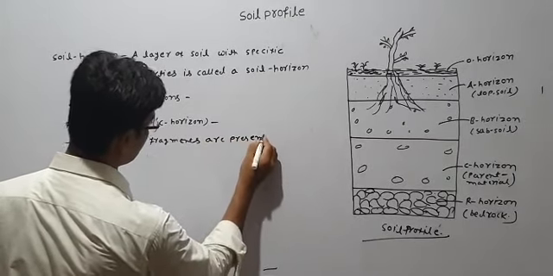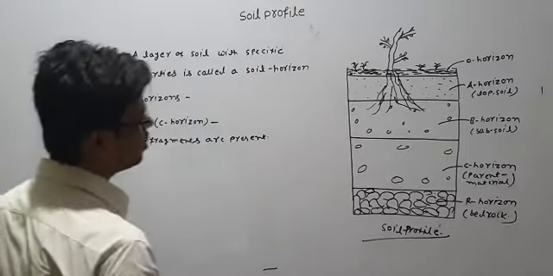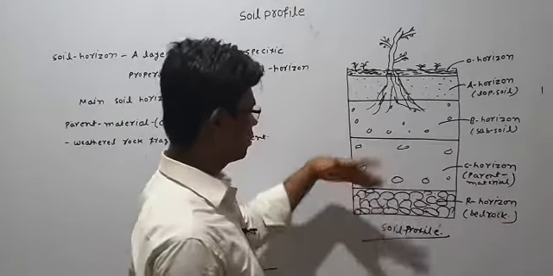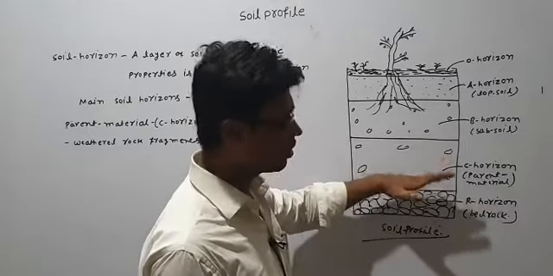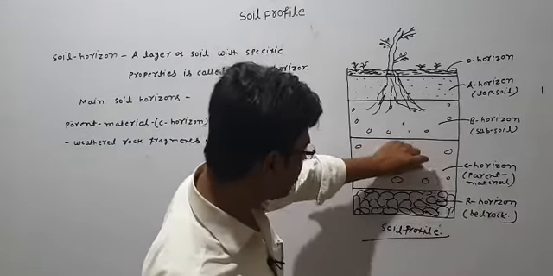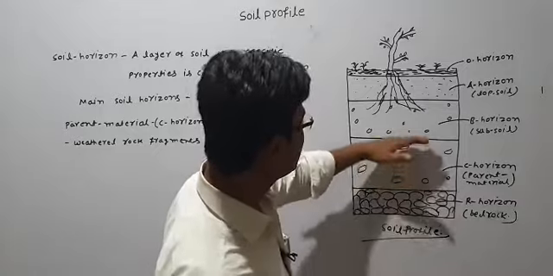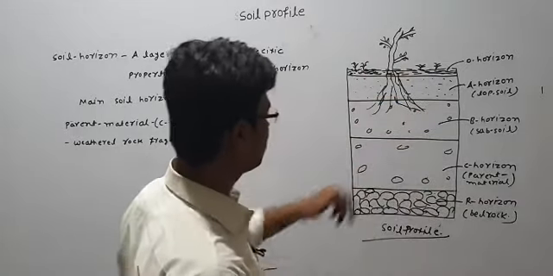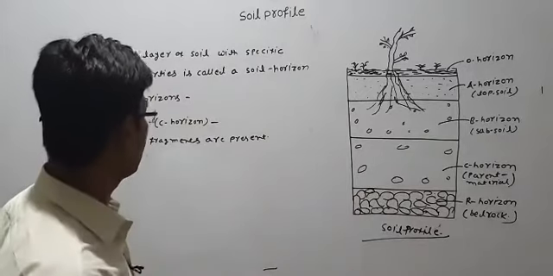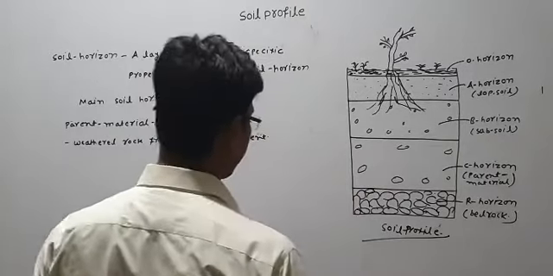Okay, so weathered rock fragments are present. Actually this is in the process. You see these particles are large in size, they are rock particles. They are in the process of breaking down. They make these layers. Okay, so these A and B layers are made of this. That's why I write weathered rock fragments are present.